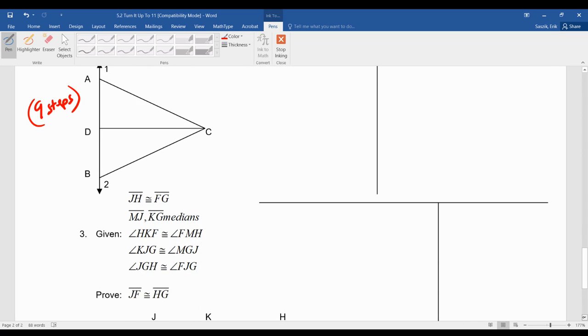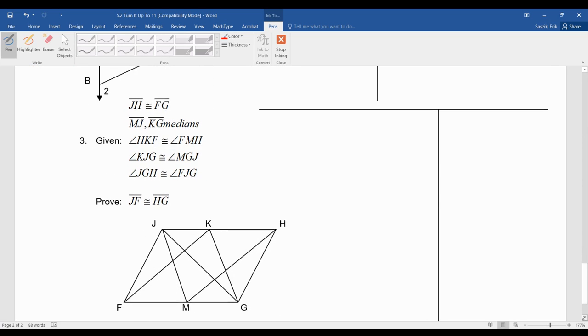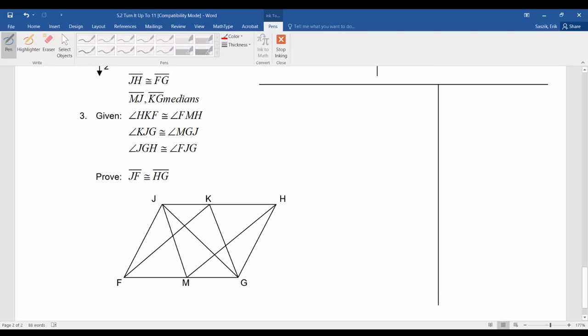And then this last one, you know what? I'm not too sure who created this proof, but I realized this proof is kind of messed up. You can do this. You don't need all this information. Watch this. If JH is congruent to FG, okay, we actually don't need this.